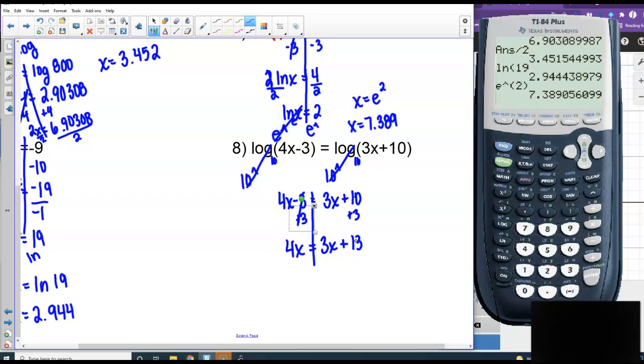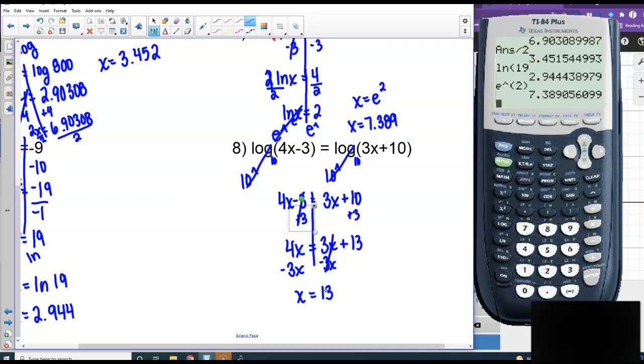If you do that, it's only going to get rid of just your 3, and your x will still be there. It's going to be really complicated. What you want to do instead, because you're moving this whole thing over to the other side, you just want to subtract the 3x because it's a positive 3x. So we're going to subtract that 3x, just combining those like terms. So we'll just get a 1x over here. So just x equals, and then the 13 is left over here.